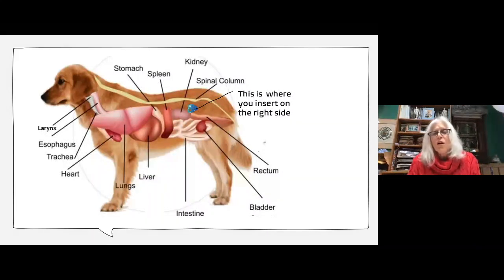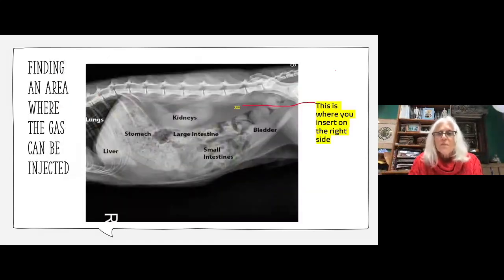If we look at an anatomy drawing here, we're going to make the shaved area on the left side of the animal, where this is actually the right side. This is flipped over, so we're going to do it on the right side, not the left side, but I didn't have a picture to transpose it.